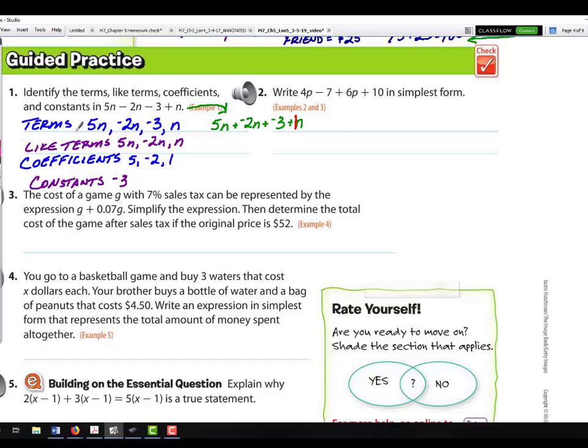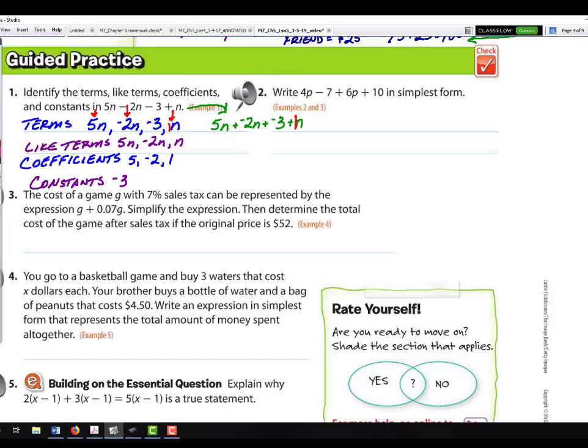Our like terms, things we could combine, are 5n, negative 2n, and n. The coefficients are this 5, this negative 2, and the 1 right here. And the constant is the negative 3.